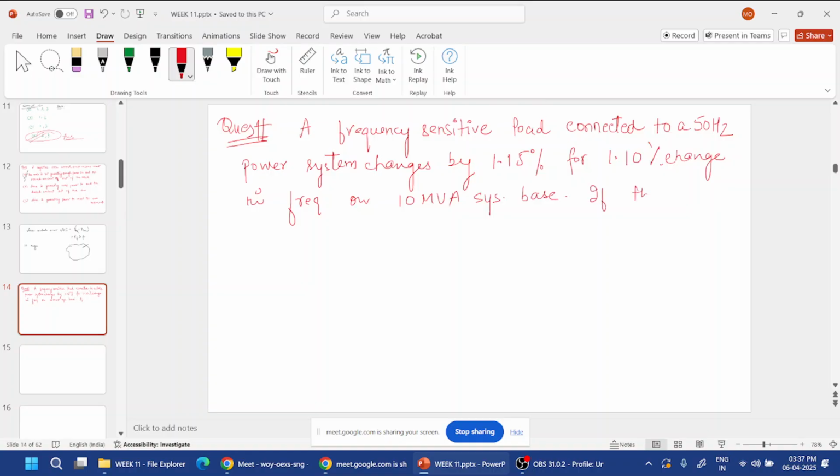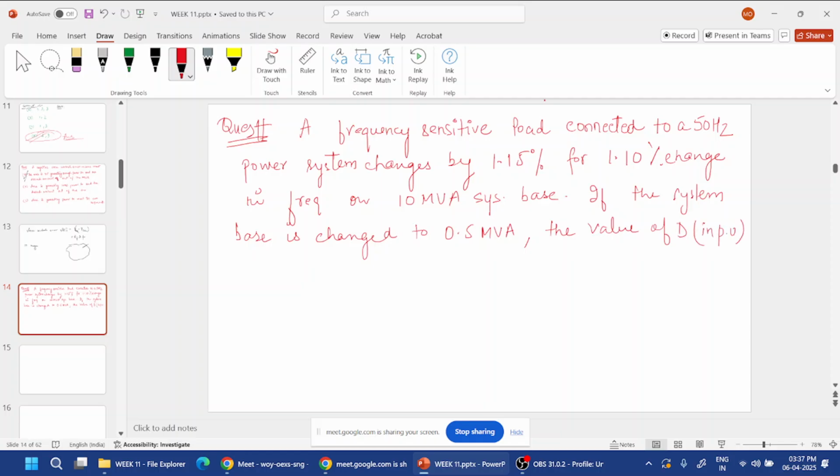If the system base is changed to 0.5 MVA, the value of D in per unit megawatt per hertz is what?